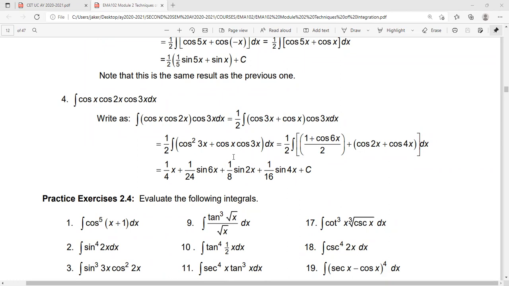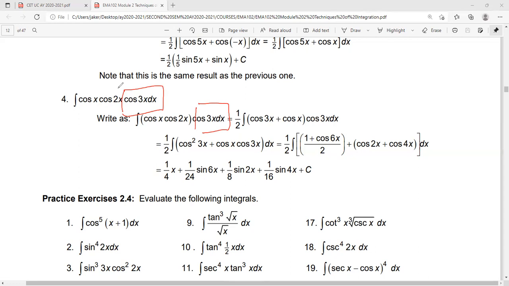Okay, so you process this first, this one. So you have 1/2 the cosine of 3x plus the cosine of x. Where is this coming from? By the way, class, let me annotate. The cosine of 3x here, you kept it. Okay, you kept it. You only first process this 2.